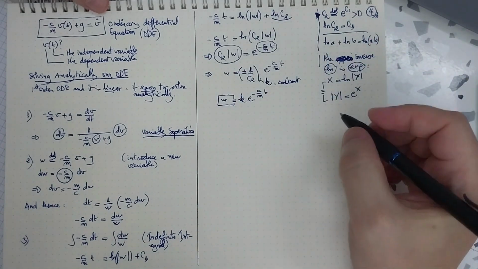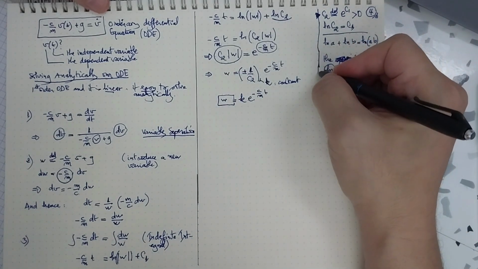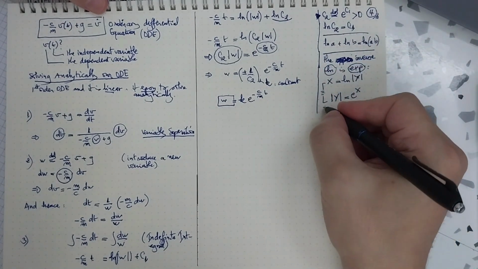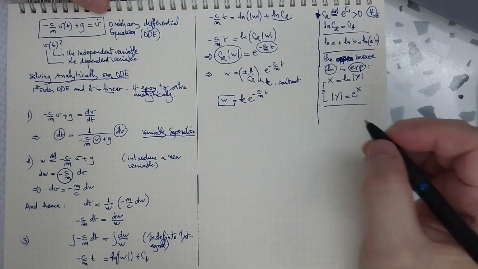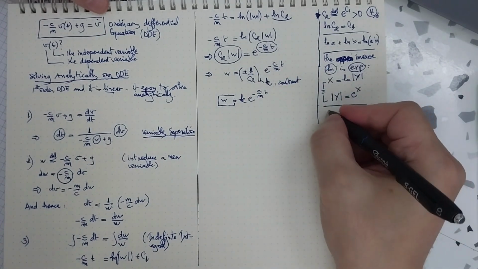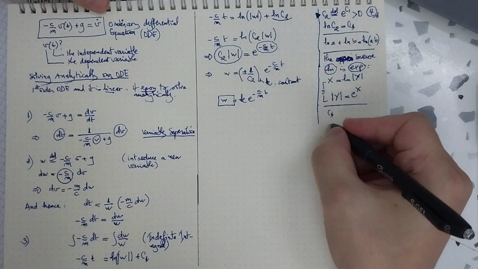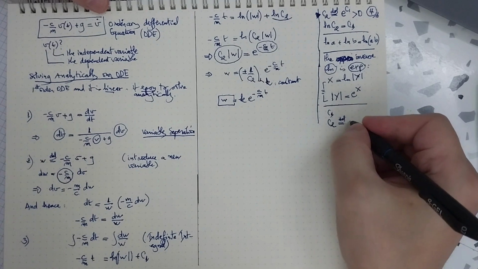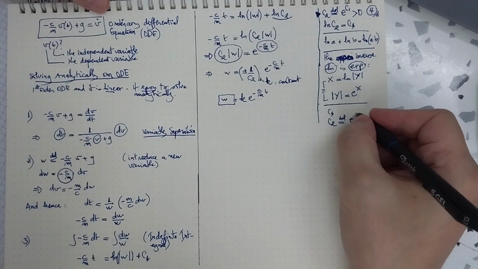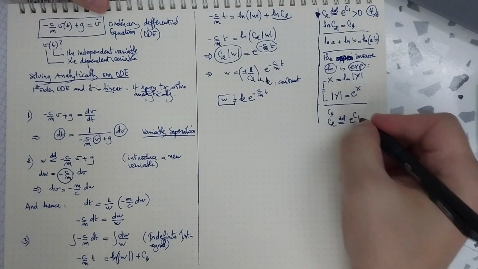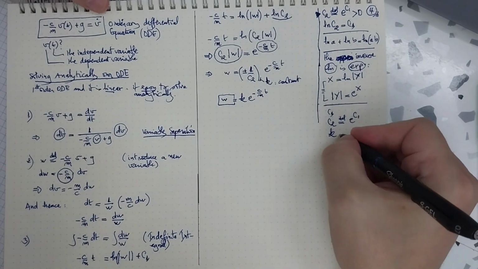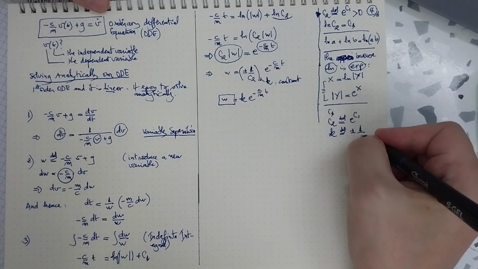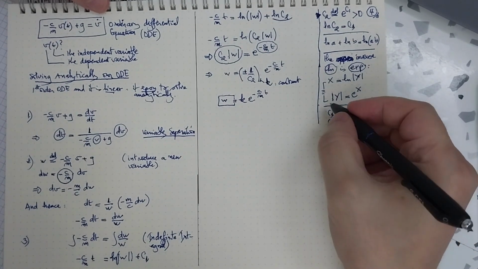So let's suggest here another notation in calculus. We have used C1 in the integration. Then we have used C2, which by definition is the exponential of C1. And then K by definition is plus or minus 1 over C2. So the constants are equivalent.